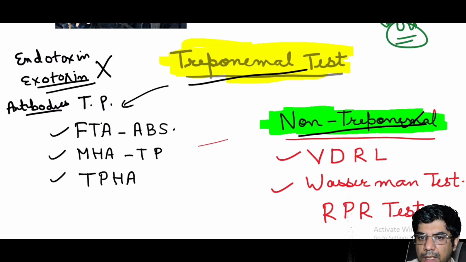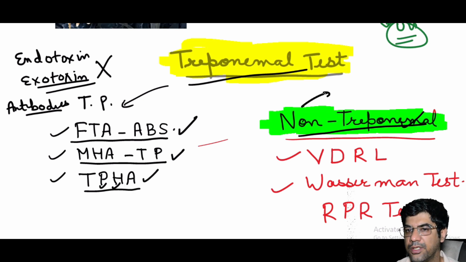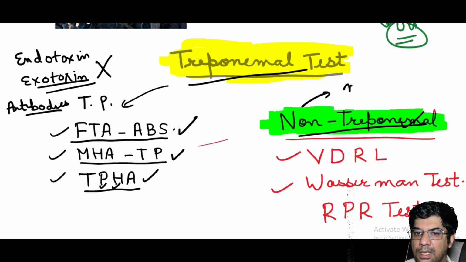They could be fluorescent Treponema antibody absorption test, FTA-ABS test. Other could be microhemagglutination assay for Treponema pallidum, MHA-TP test, or TPHA test, Treponema pallidum passive hemagglutination test.